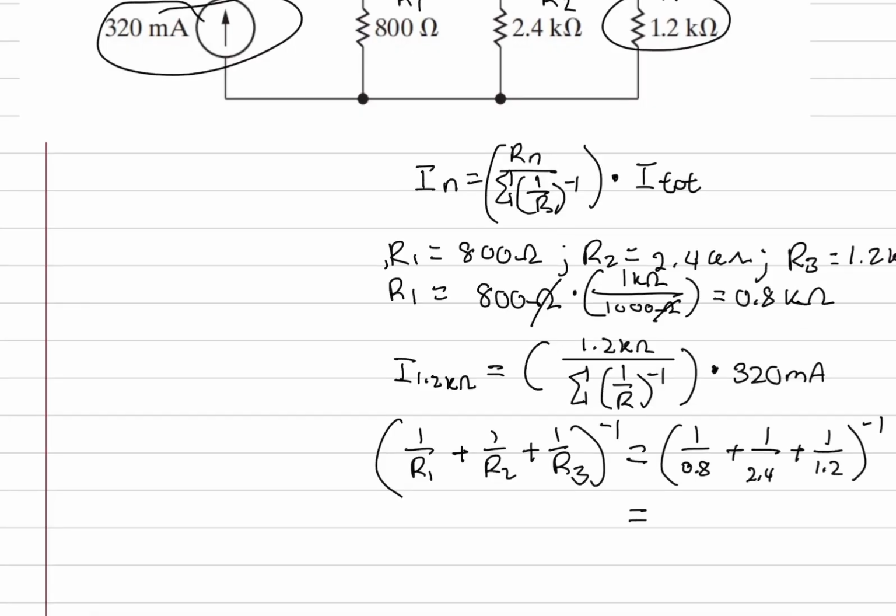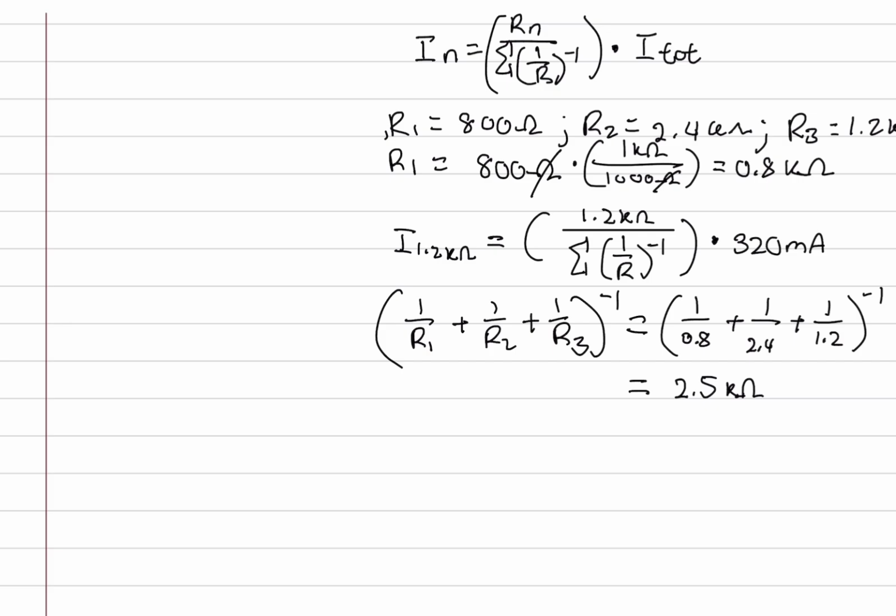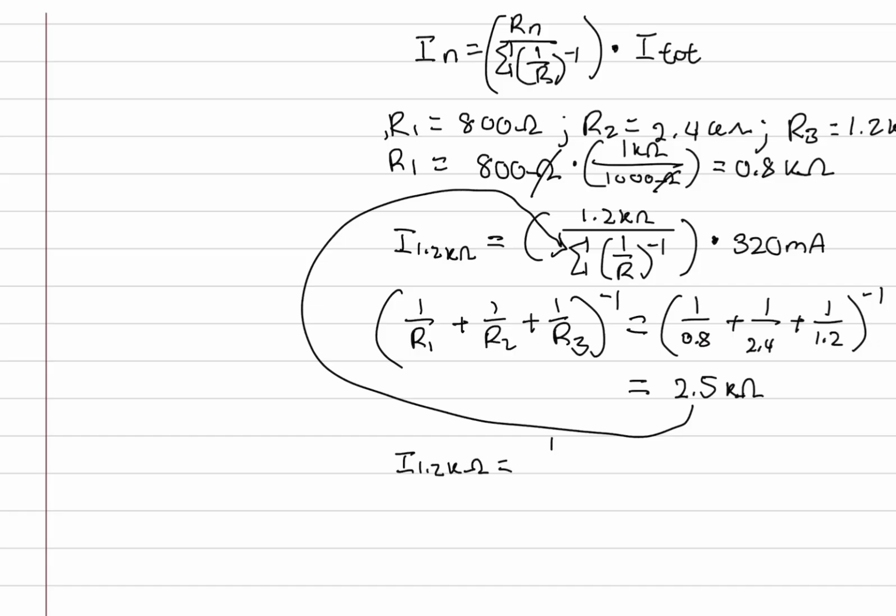If we take the sum of the reciprocals, we get 2.5 kilo ohms as the sum of all the parallel resistors together. Now we can plug this back into our equation here. So I 1.2 kilo ohms is equivalent to 1.2 kilo ohms divided by 2.5 kilo ohms, and then that is multiplied by 320 milliamps.